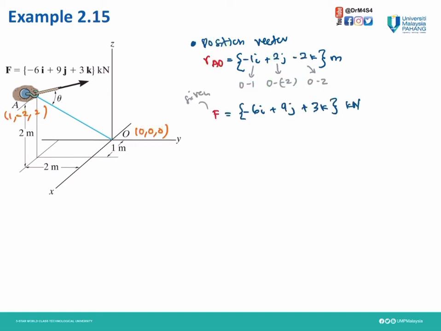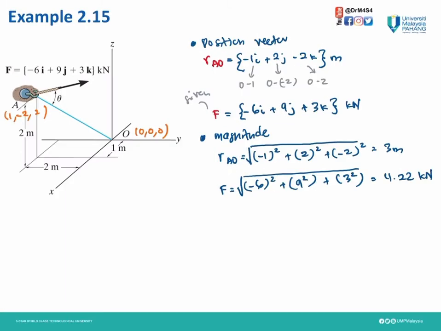Then the question gives the force vector F as negative 6I plus 9J plus 3K, with the unit kilonewton.